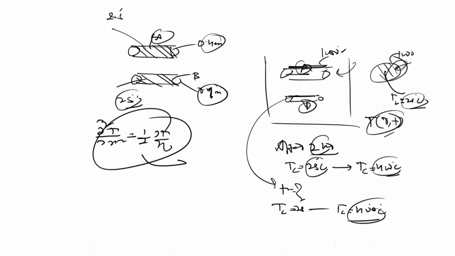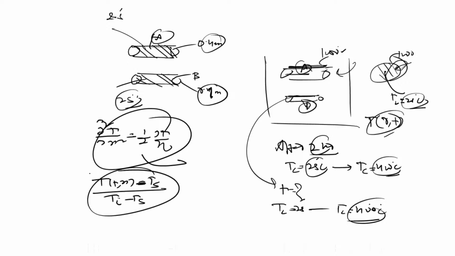So in the case of constant surface temperature, T at x and time t minus Ts, upon Ti minus Ts, is the solution. Initially the temperature was 25 degrees Celsius, and the surface has been raised to a fixed surface temperature. Now temperature is a function of x and time t.